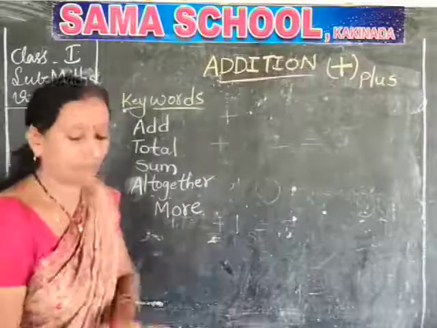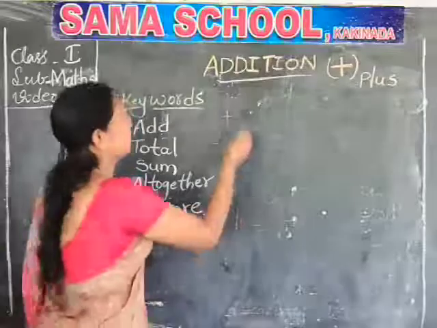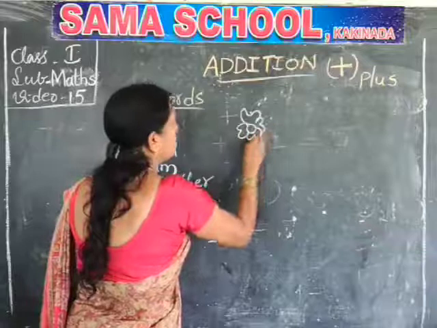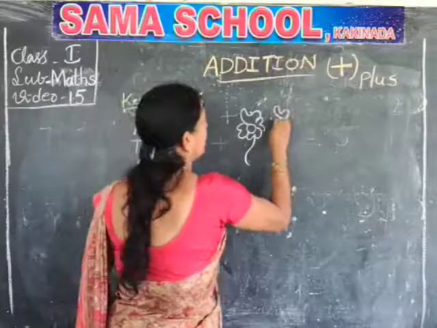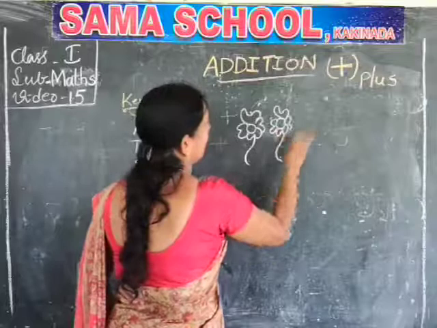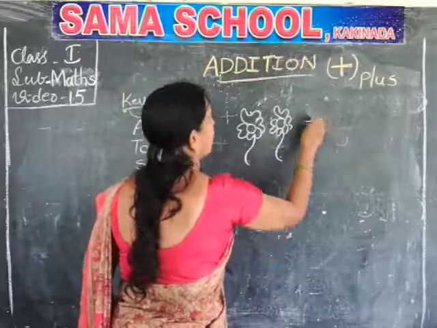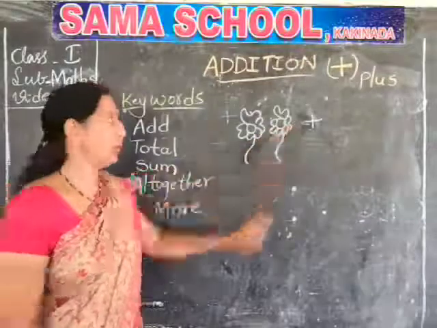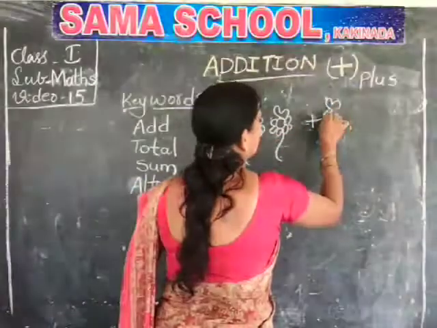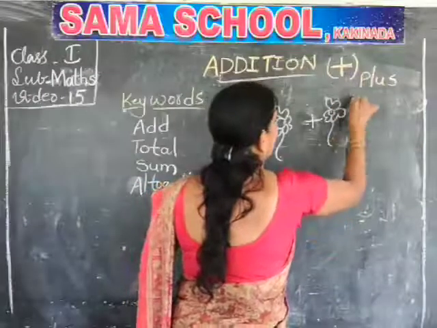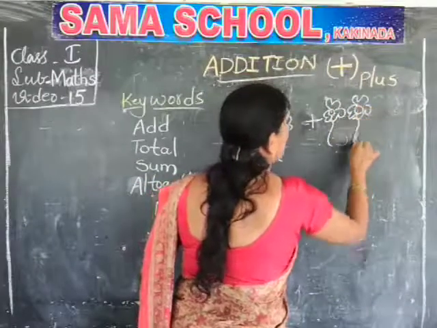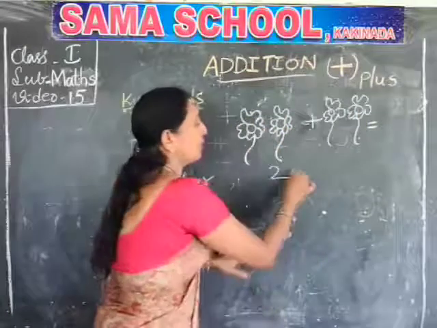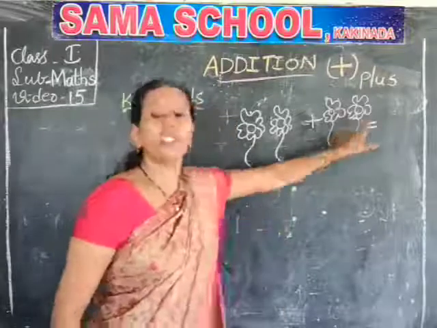See here. Here how many flowers? 1, 2. And here, 2 flowers plus 2 flowers.